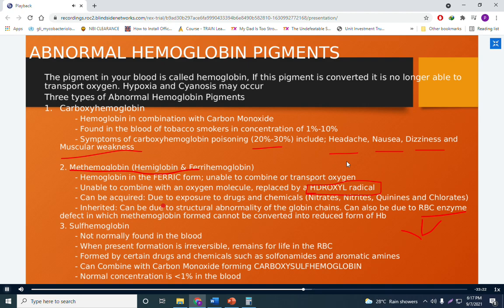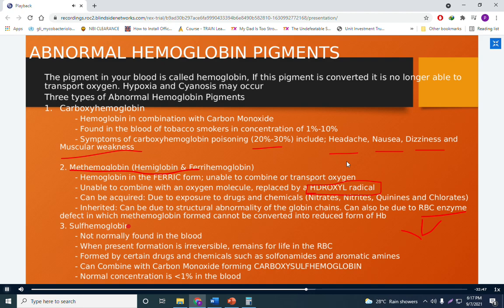So class, if you have a problem with your MRP, you will have methemoglobin, usually inherited. And exposure to drugs and chemicals can rarely cause this. But if you're working in a very toxic environment, let's say you're a chemist or an industrial worker, there's a possibility. But in most cases, it's usually inherited, though very rare.